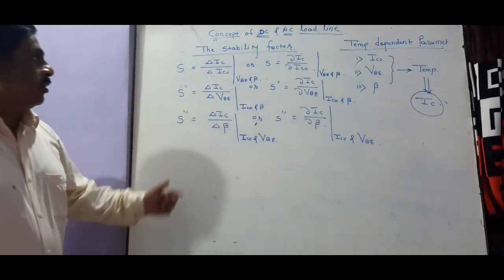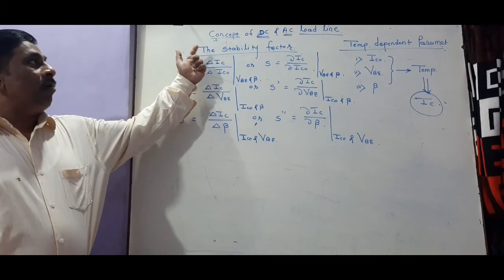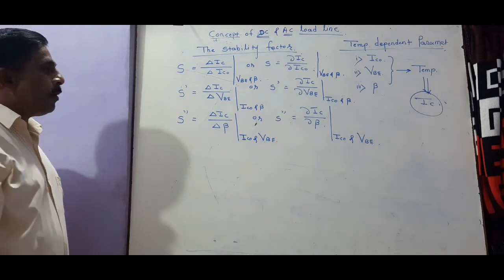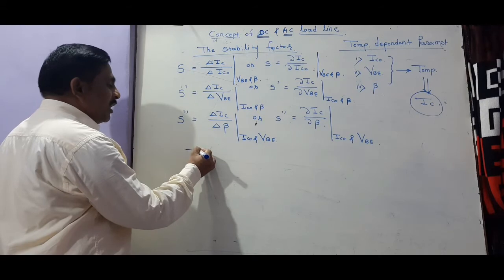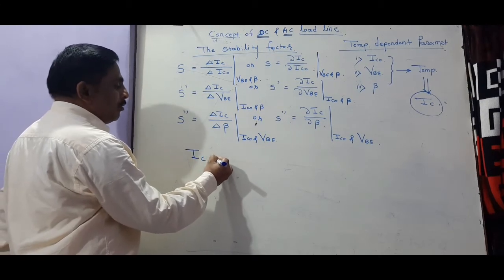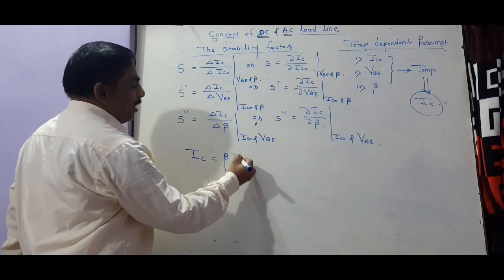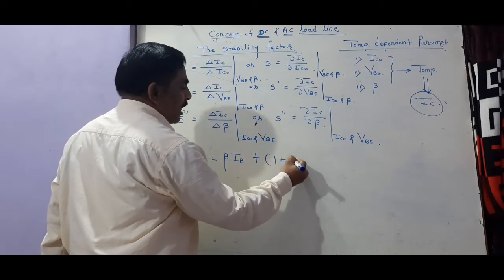So now we will discuss the concept of DC load line, and how it is related with the amplifier output collector current. We have already seen in the biasing case that IC is equal to beta times IB plus 1 plus beta into IC0.